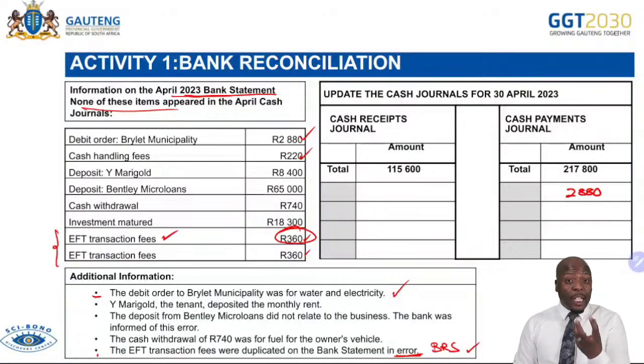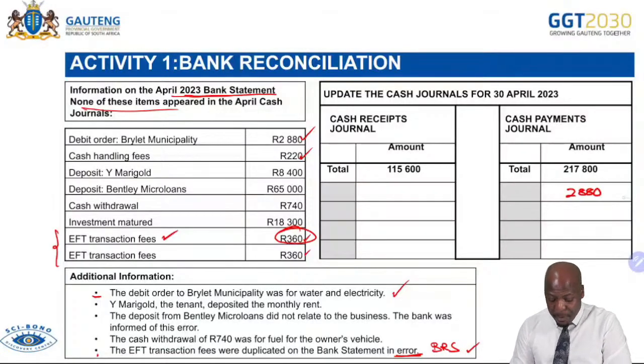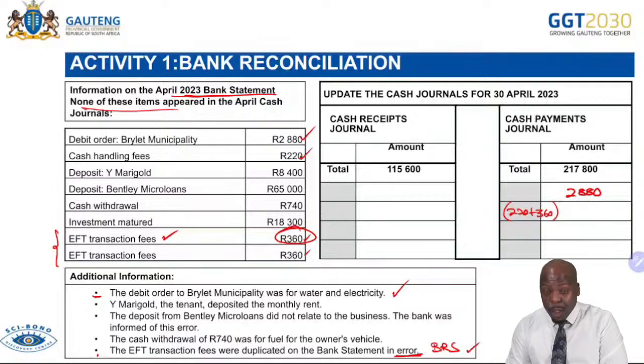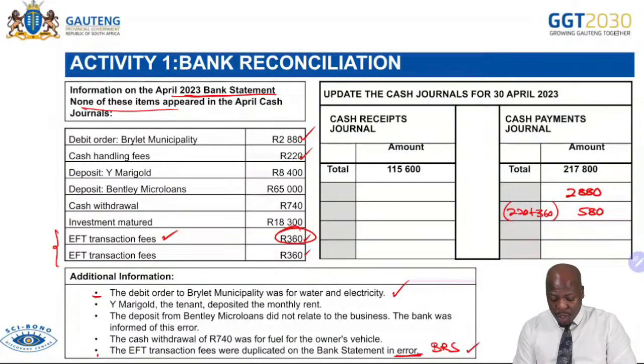Remember, they form part of the bank charges. So that means I'm going to come now to my CPJ. Remember CPJ because we are having bank charges here. And now I'm just going to open a bracket here. I'm going to say I have 220 and then I'm going to add my 360. It's my 220 plus my 360. If you have a calculator close, how much do you get? 220 plus 360. How much is that? 580. So I have my 580 there, which is the bank charges.